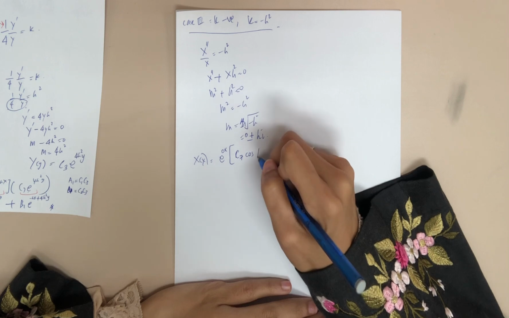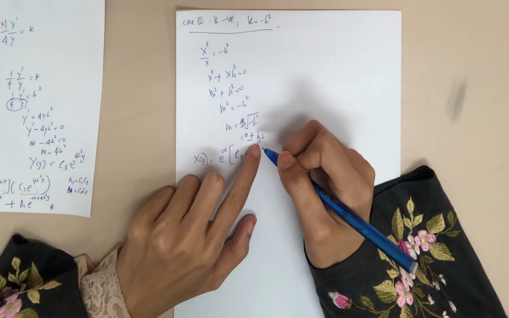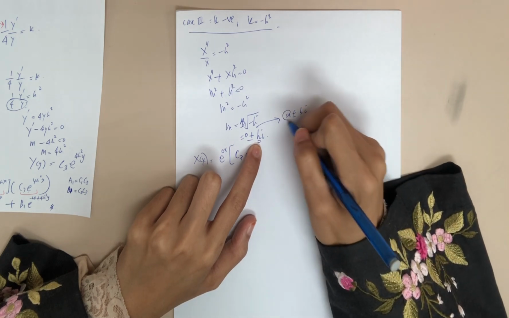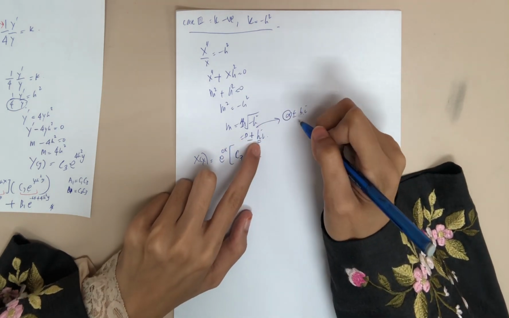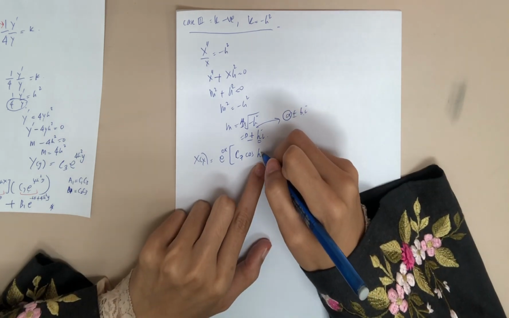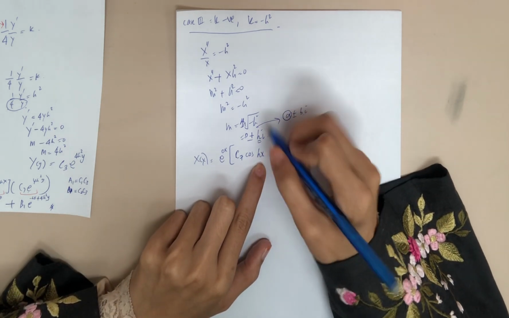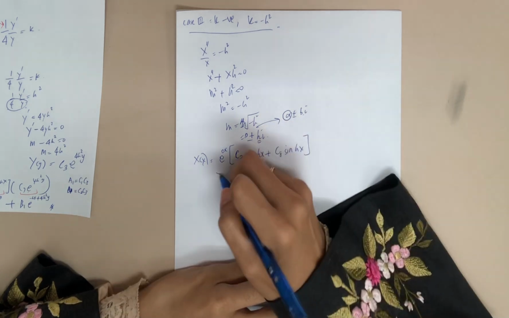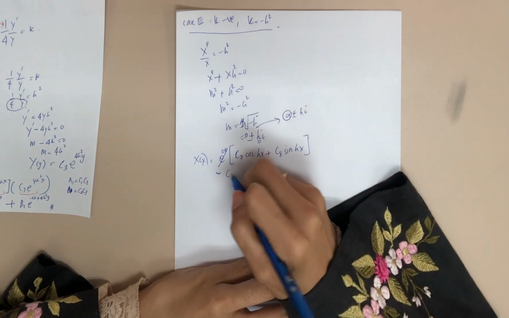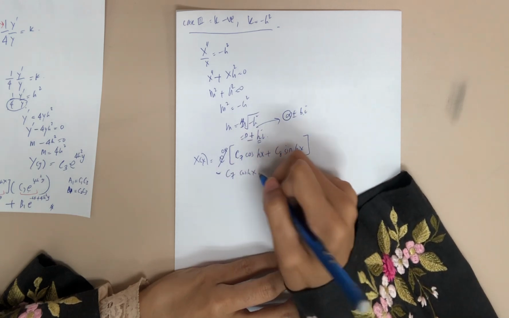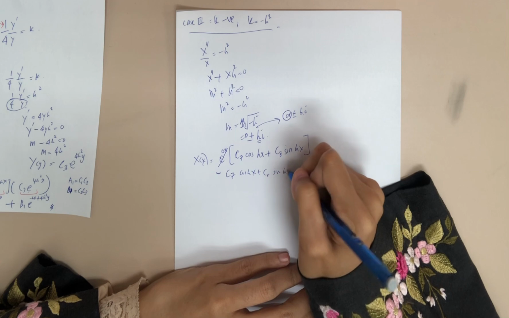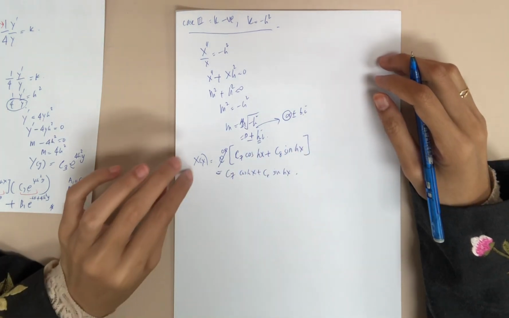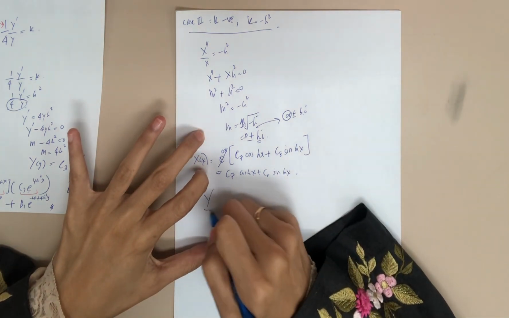C7 cos λx: you need to compare with A plus minus Bi, so A here is 0 and your B here is λ. Plus C8 sin λx. You simplify, e to the power of 0 is 1. So they have C7 cos λx plus C8 sin λx. So this is the x equation. Now we proceed with the y equation.